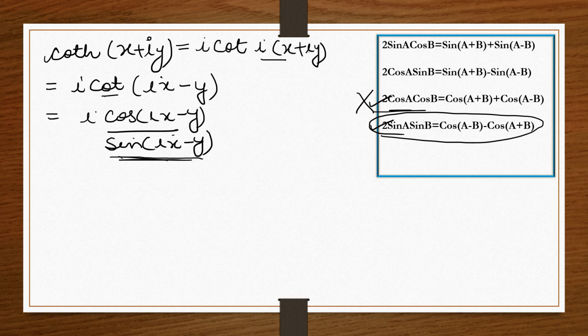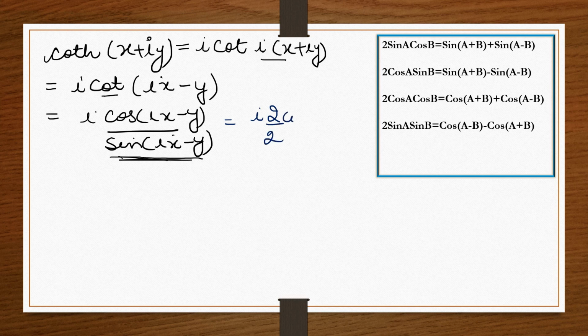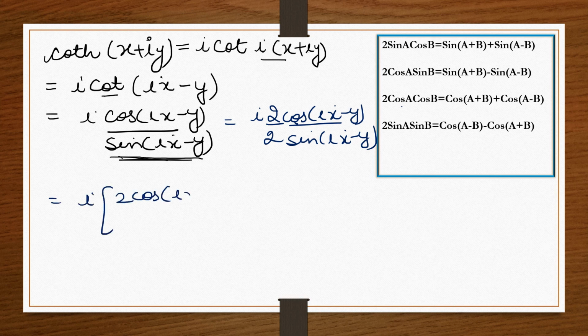What should I do? I'll just multiply and divide with 2 first. And along with that, we have to multiply this with the sine function. Let me write it here. So this will be ι as such, 2 cos(ιx − y) over 2 sin(ιx − y).